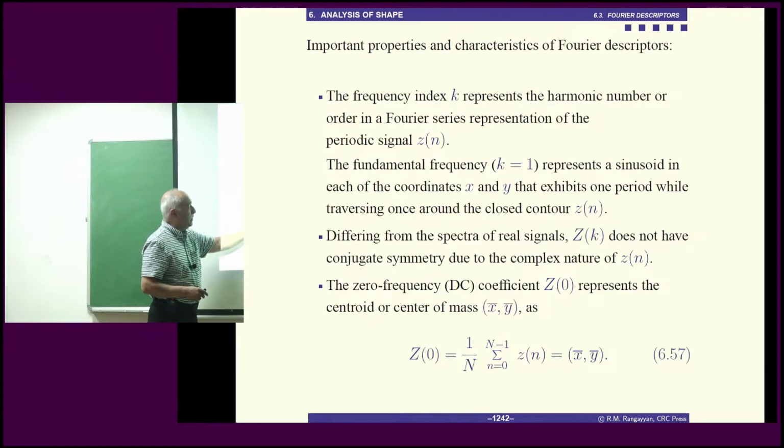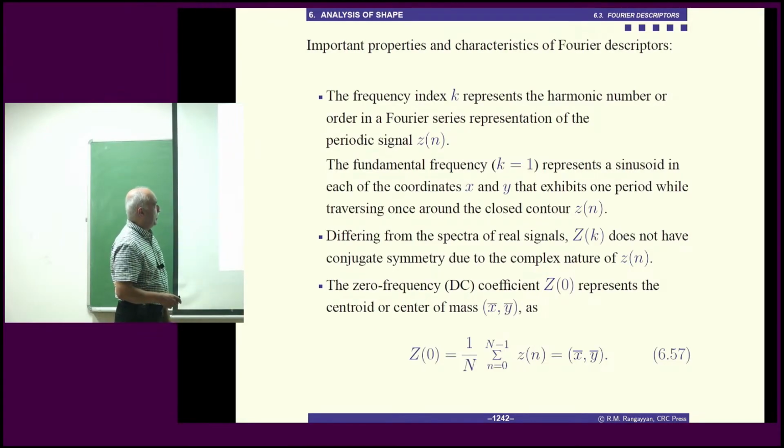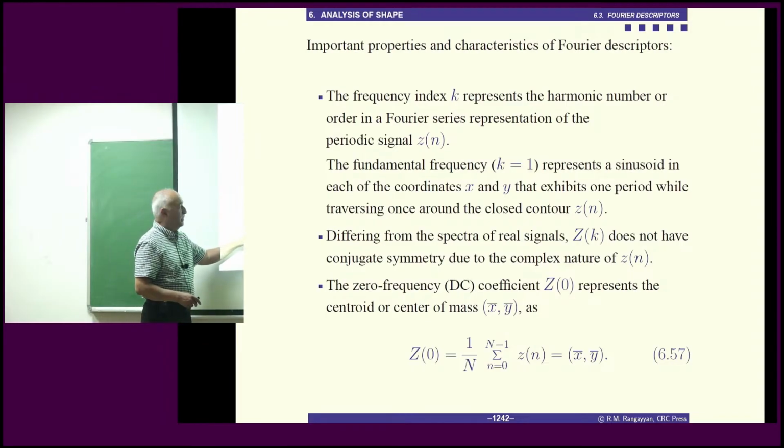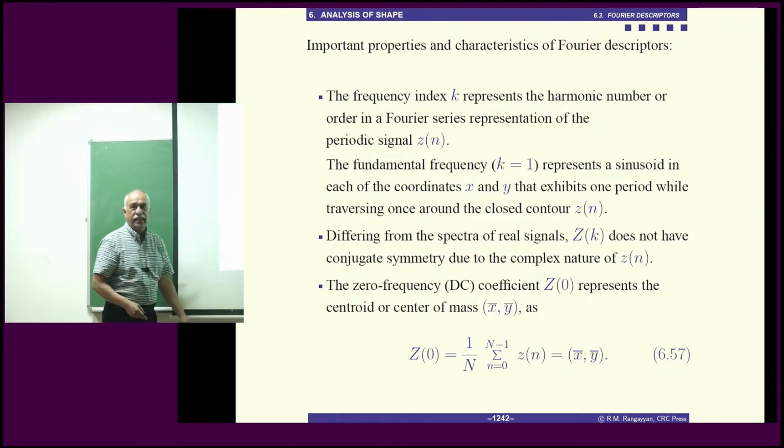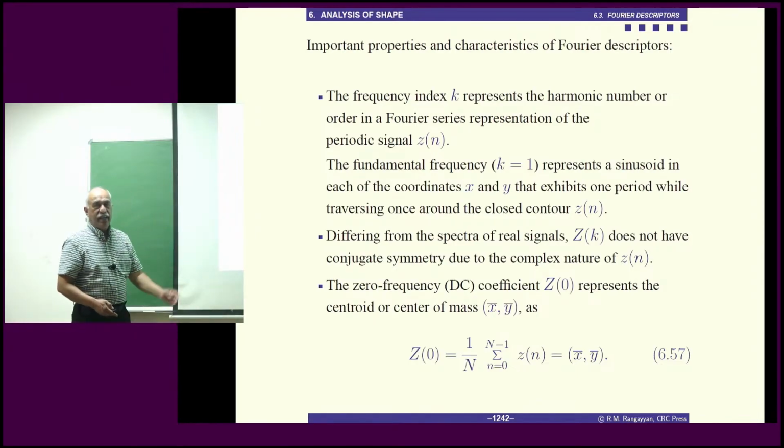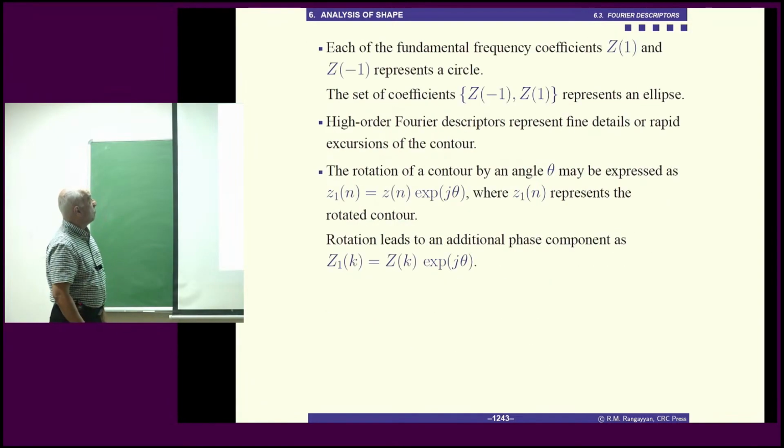The zero frequency or DC coefficient Z0 represents the center of mass, the centroid. For Z0, the exponential goes away, it is just the sum of zn, the average, and x and y separate, so x bar, y bar. The fundamental frequency coefficients Z1 and Z minus 1, each one of them represents a circle.